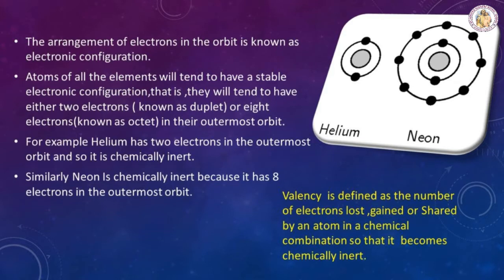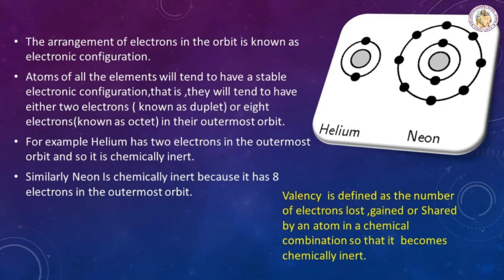The arrangement of electrons in the orbits is known as electronic configuration. Atoms of all the elements will tend to have a stable electronic configuration. That is, they will tend to have either 2 electrons, known as a doublet, or 8 electrons, known as an octet, in their outermost orbit.